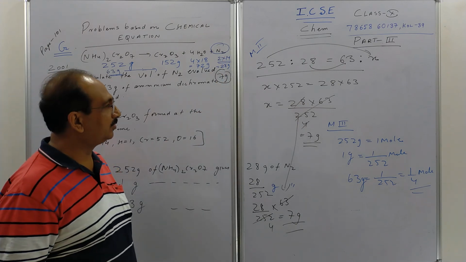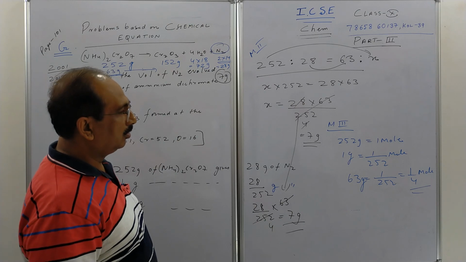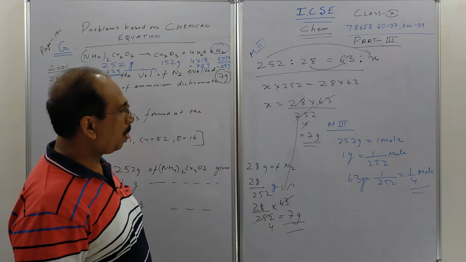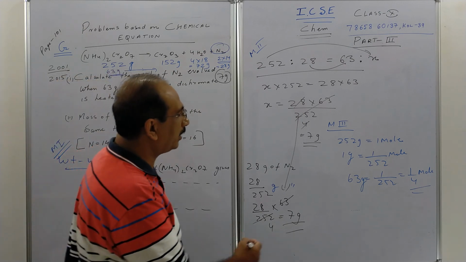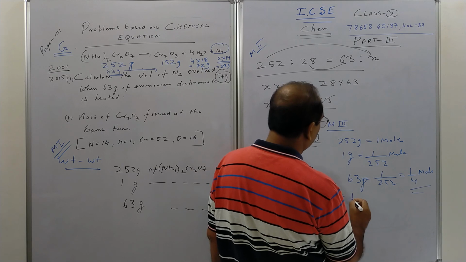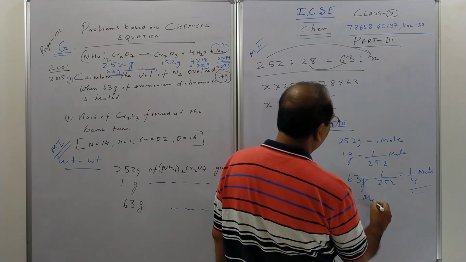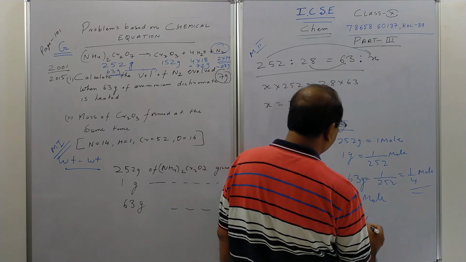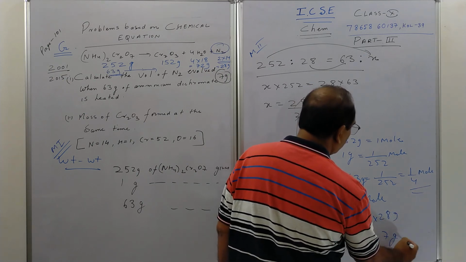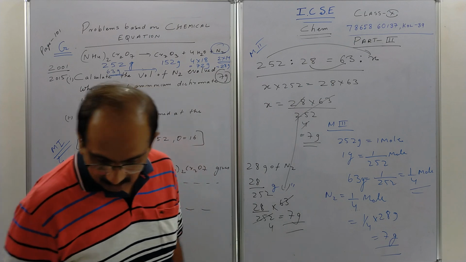You see my first video, introductory video. So here nitrogen also will get 1/4 mole. So 1 mole of nitrogen is 28 gram.